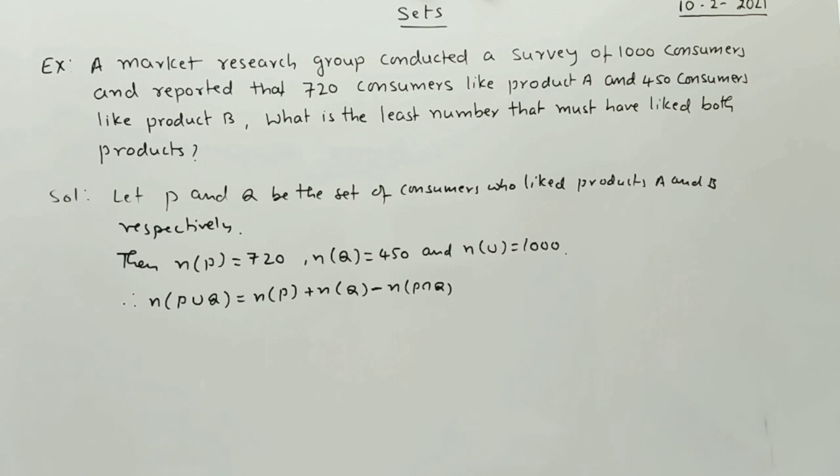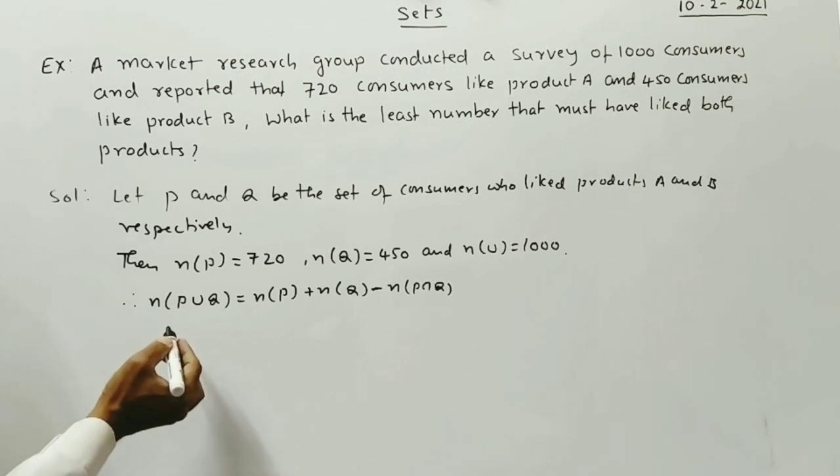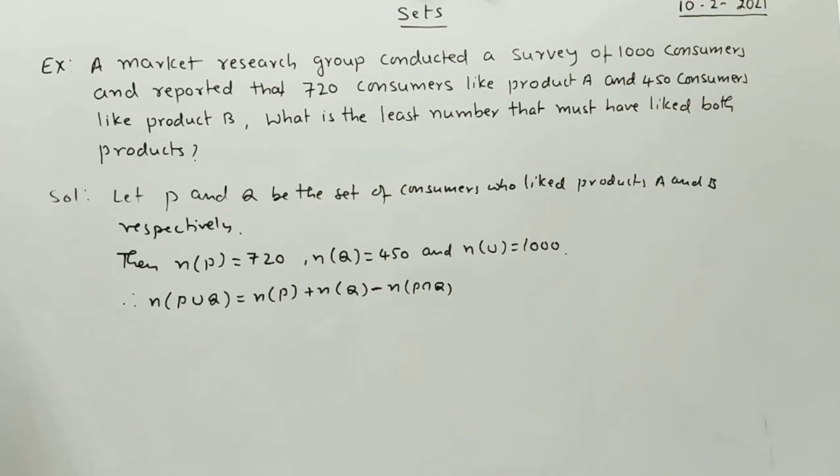So, to have the least number of consumers who liked both the products, number of elements of P union Q must be maximum.